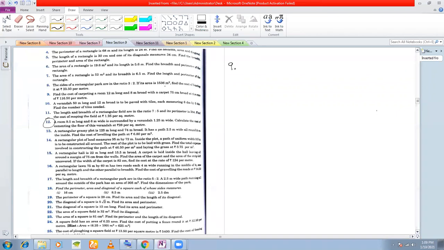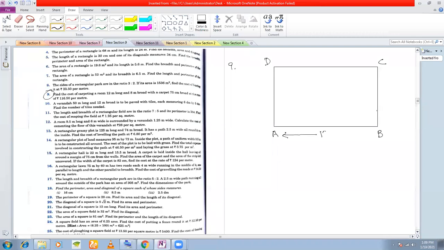Fine. We're doing number 9 here. Find the cost of carpeting a room. A room will be a rectangle here, ABCD. This room needs to be carpeted. That means the entire floor needs to be covered with a certain carpet, a rug. 12 meter long. What is the length?